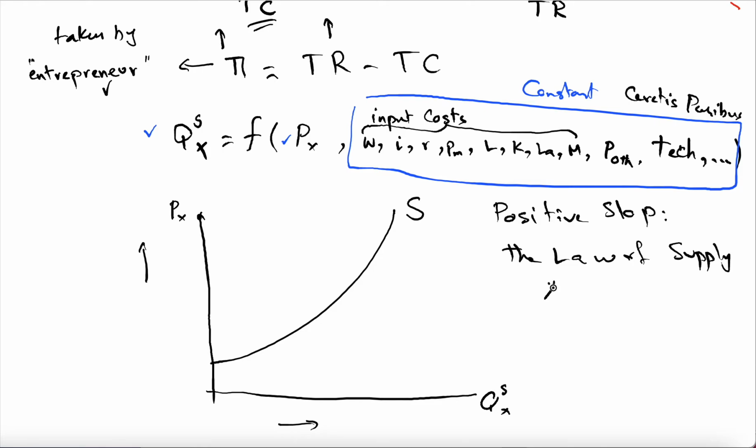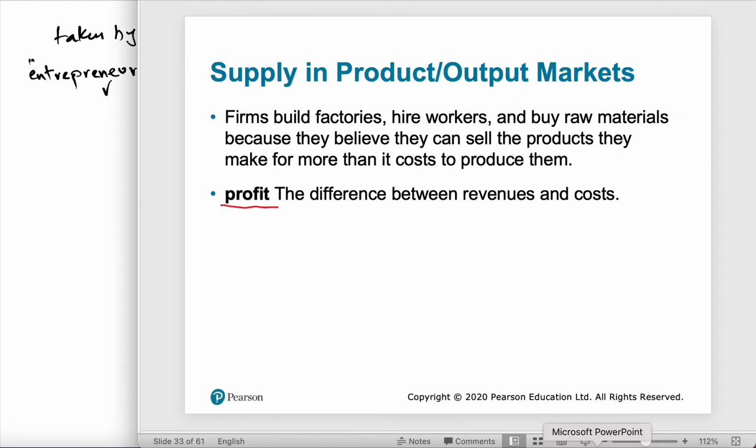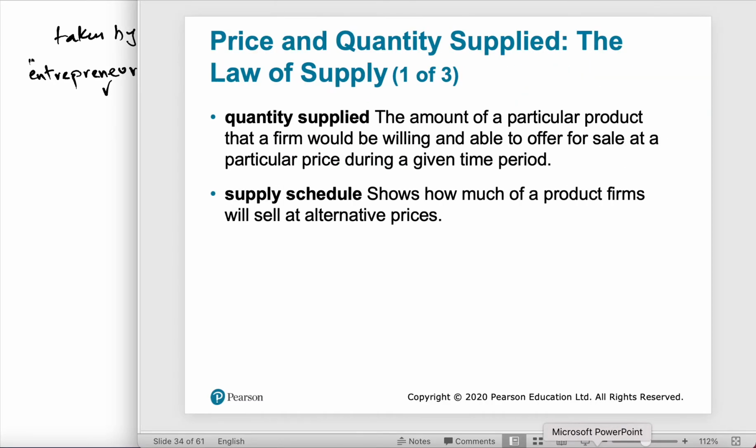Okay, and it means that delta Q supply, quantity supplied, over delta P is always positive. This is the meaning of the law of supply. We would say that the quantity supplied is the amount of a particular product that a firm would be willing and able to offer for sale.